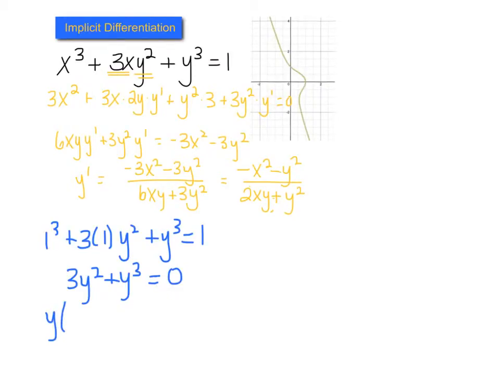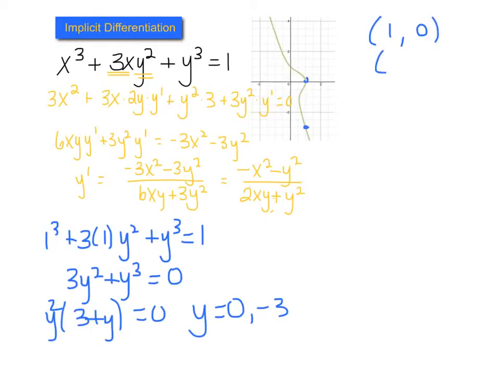So I factor y squared out. 3 plus y equals 0. That means y equals 0 or negative 3. And you can see that right about here, there. So those are the two places that I'm going to find the slope of the tangent line. So our points are going to be 1, 0, and 1, negative 3.